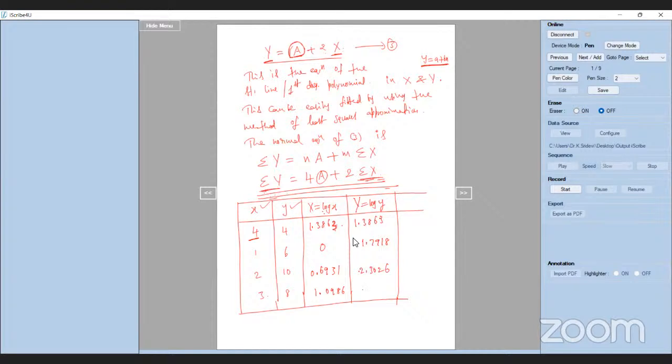Log 8 is 2.0794. Did you get it? Take the LN value, not the LG value.